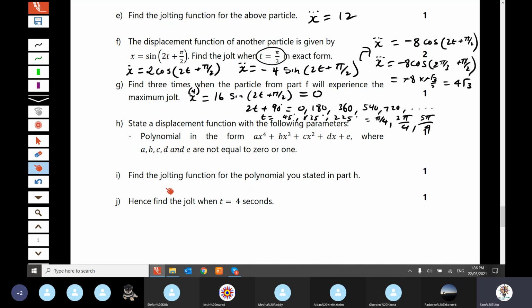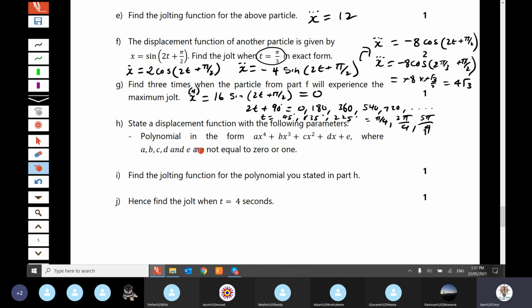Come back to find the jolting function for the polynomial you stated in part H. So state a displacement function where they're not equal to 0 or 1. So you could have just made it like 2x^4 plus 2x^3 plus 2x squared plus 2x plus e.